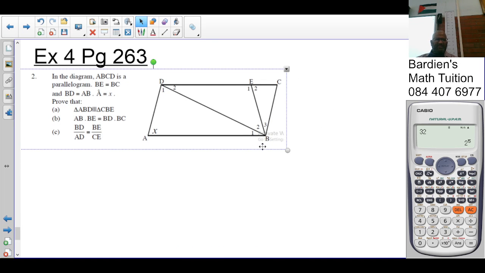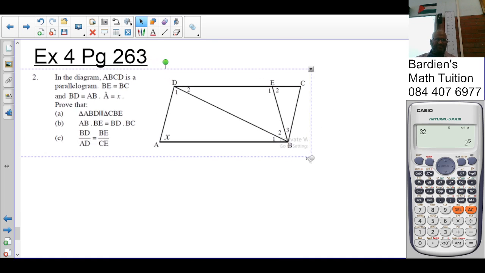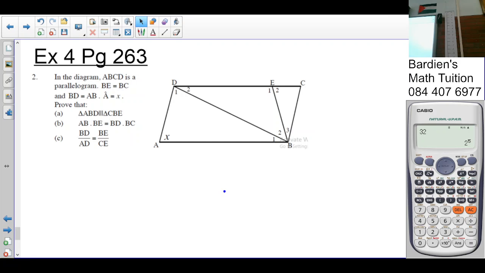So we are told that in the diagram ABCD is a parallelogram. Without reading any further, what does that mean? DC is parallel to AB. Yes?